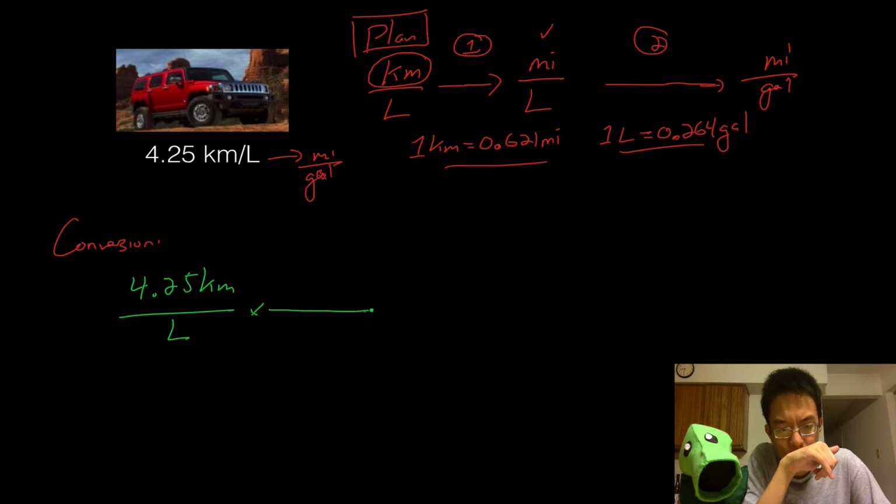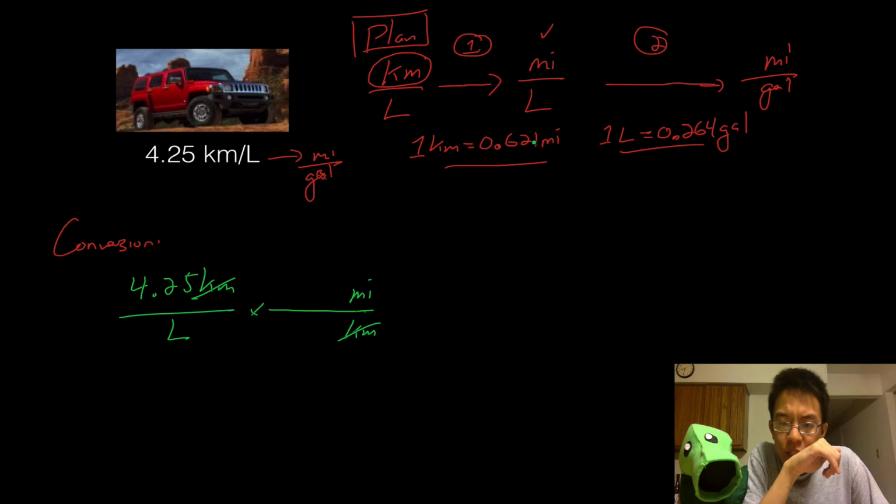To do that, I want to cancel out my kilometers, so I put them on the bottom, and I put miles on the top. I cross those out, they cancel, and I see miles per liter left over, which is what I want. If you cross out and get the units you want, you know you're doing the right steps.